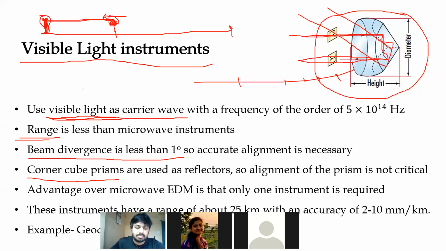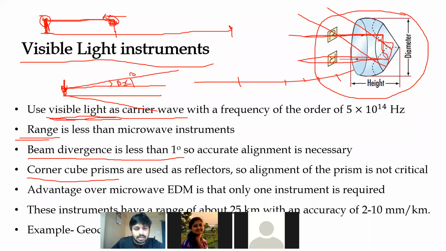Beam divergence means what? Suppose this is the source of the wave, and the wave is getting generated like this. The divergence means by what angle it is getting deviated. So this angle beta is less than 1 degree.